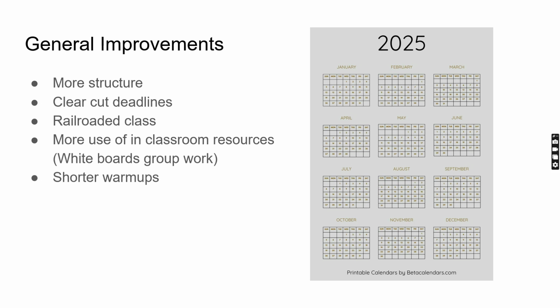I really would like the class to go back to more structure. I like how it was kind of a flowy class, where you just went with the flow, but sometimes I really wish it was more structured and railroaded so we could know where we're headed.